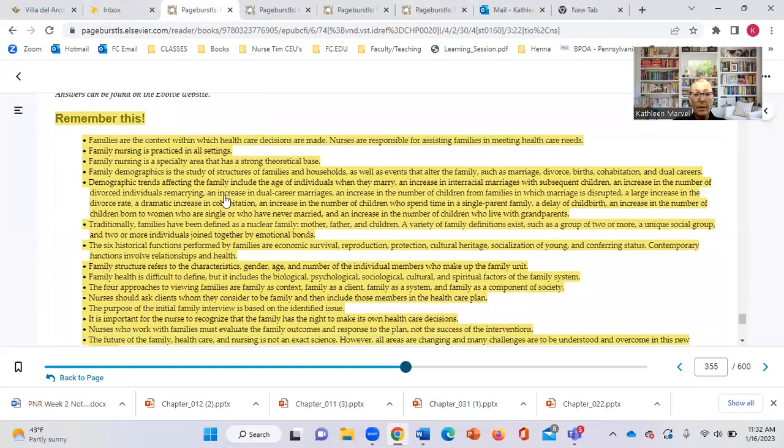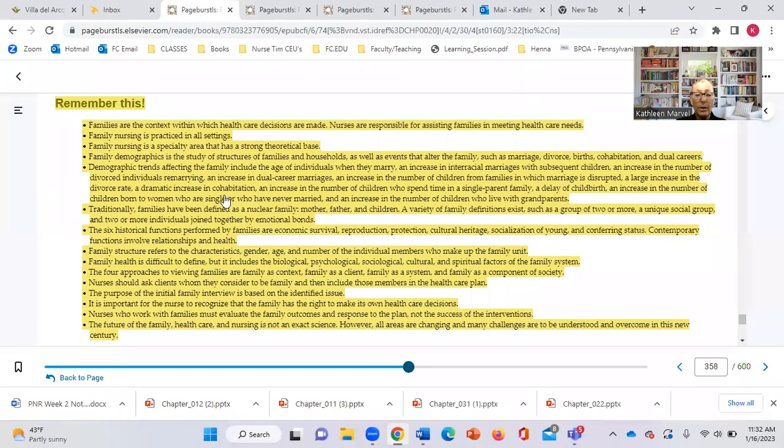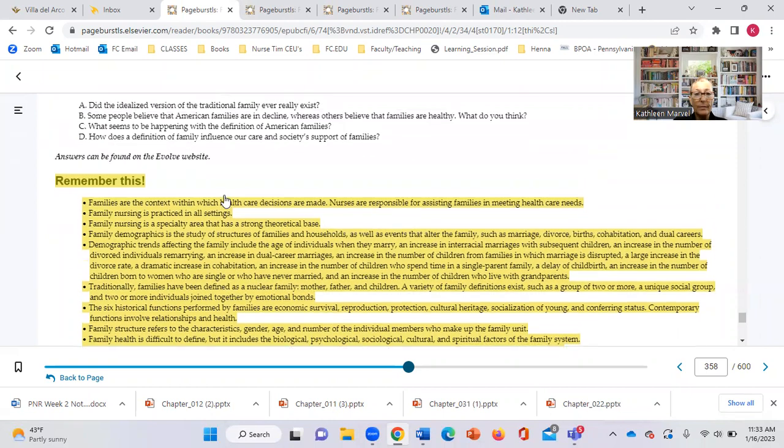Then I always suggest at the end, please do take a look at the Remember This section, because this is a nice summary of the chapter. Okay, so this chapter is understanding family function versus family structure, understanding what it takes to put together a family visit.